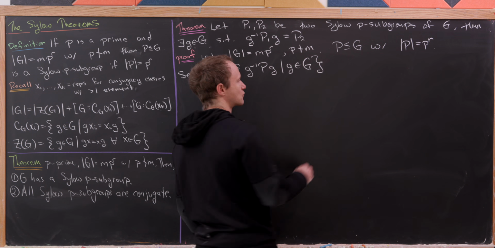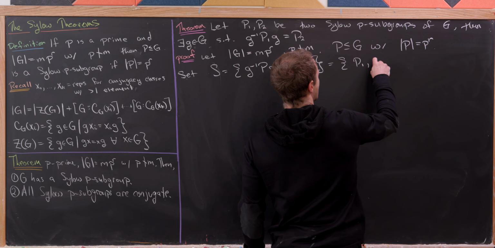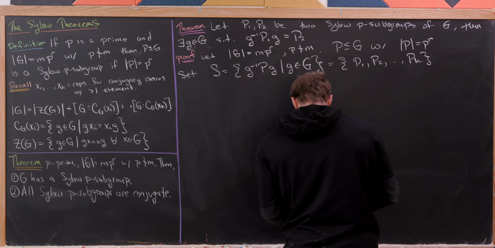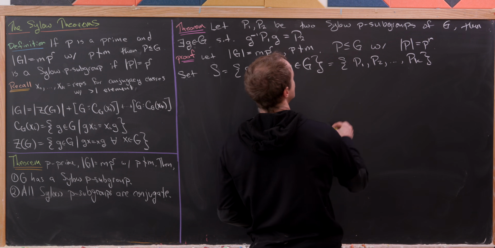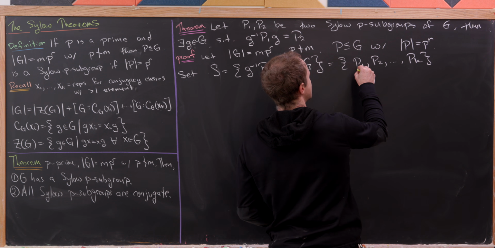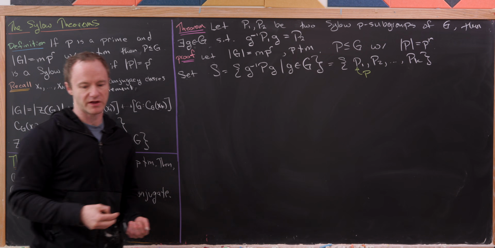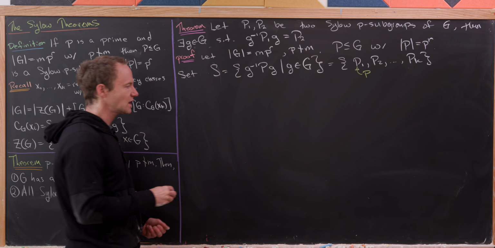But now I'd like to write these out, if you will. So that's going to be equal to P sub 1, P sub 2, all the way up to what I'll call P sub k. So that means we're assuming there are k such conjugate subgroups. And let's say that this first one is the one that we started with, P, just for the sake of argument. Okay, nice.